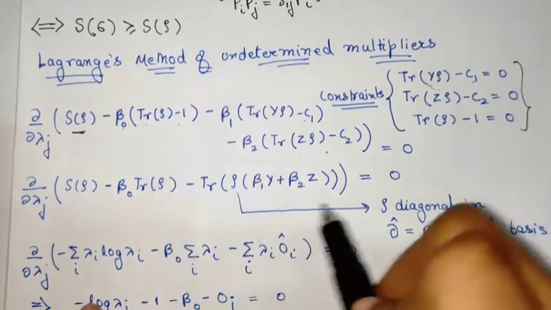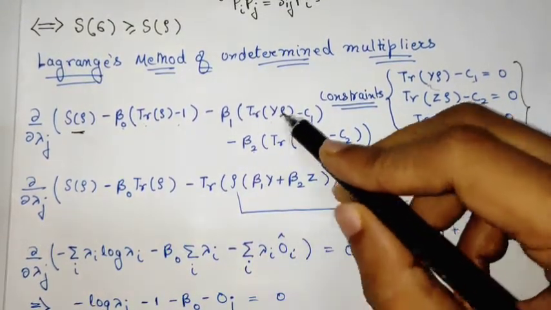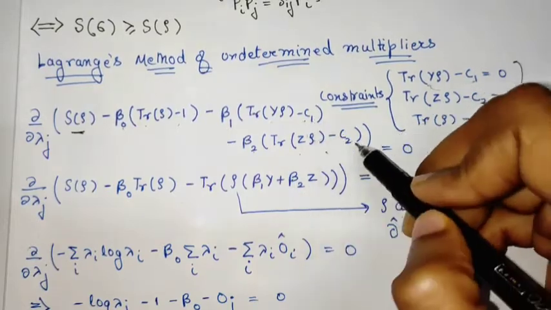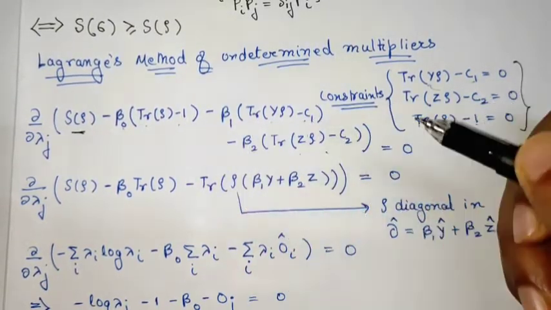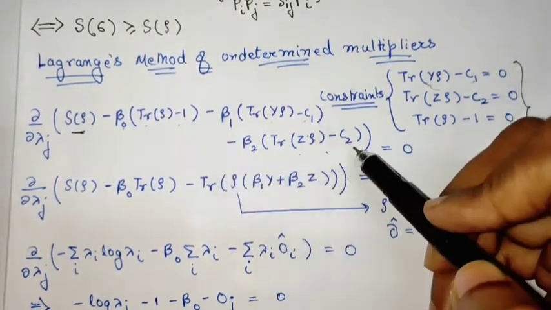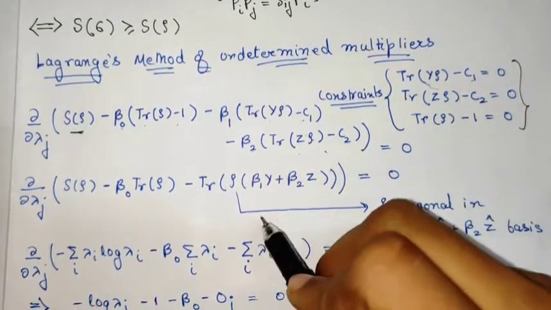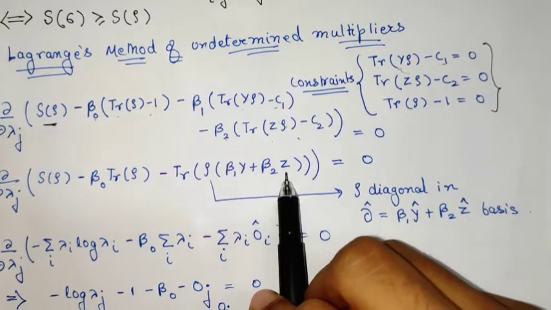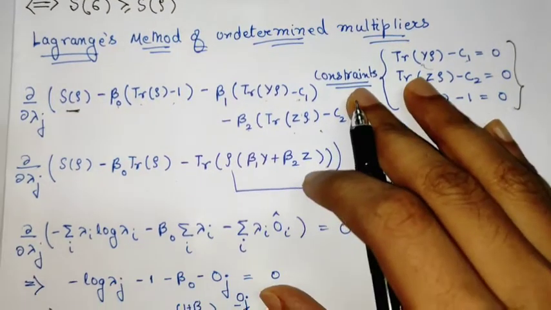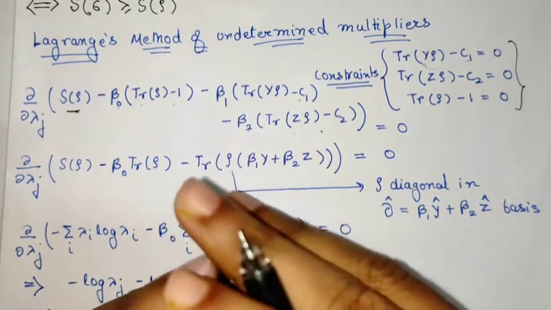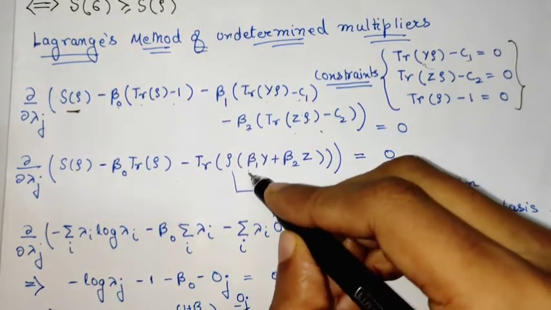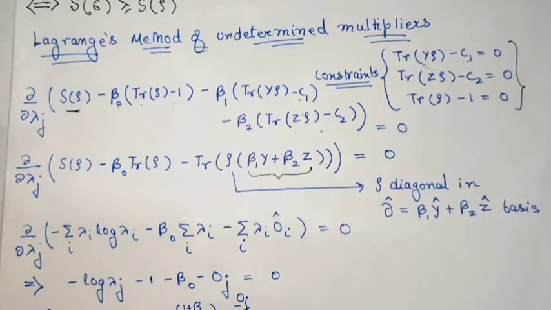From this line to this line, we just club these coefficients and use the fact that c1, c2 and 1 are all constant numbers. So these are constants, and we can remove them, and essentially we get such an equation. Now here comes the important point: rho needs to be diagonal in the basis of this entire operator.